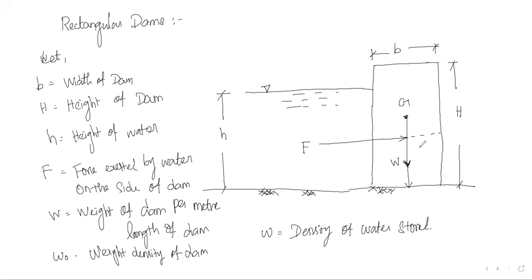Now I said already, the resultant force is going to act on the structure. So this is our horizontal force due to water. Because of water force we can have this force, and because of dam weight we can have this W. The dam weight is going to act downward, water force is going to act horizontal.